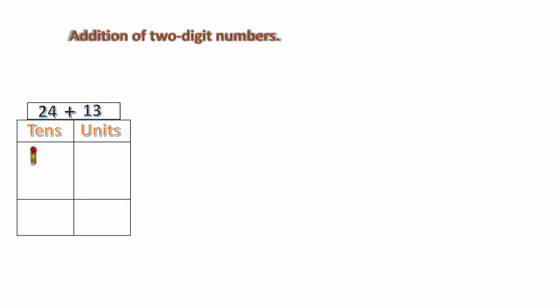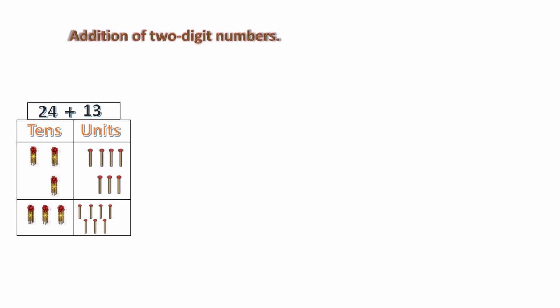24 means 2 tens and 4 units, we write them in this way. And 13 means 1 ten and 3 units. Now on adding them, we get 3 tens and 7 units.